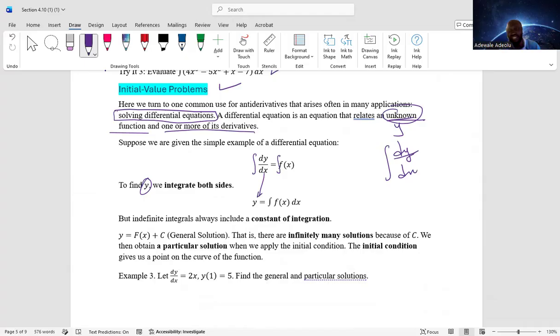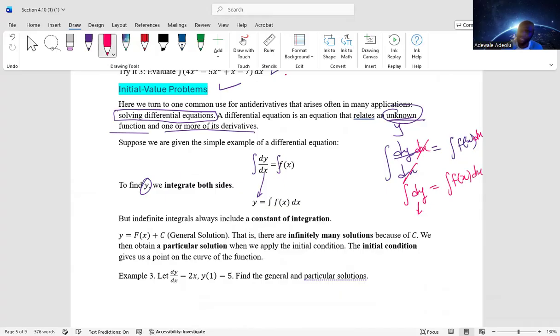The antiderivative of dy is y, right? So let me show you what is going on here, f of x. Then I can introduce dx to both sides. So this can take care of this, and I have the integral of dy equals the integral of f of x dx.